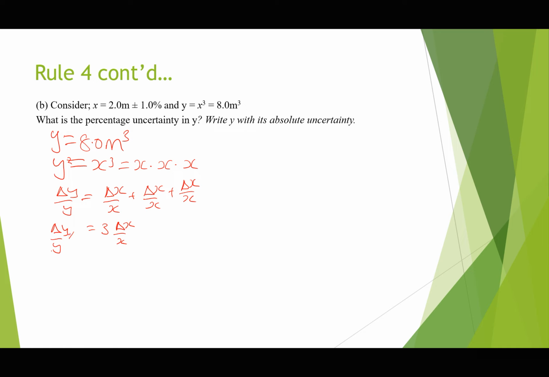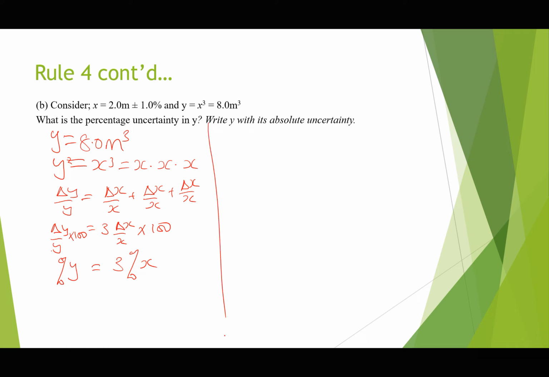So if I multiply this side by 100, and the other side by 100, I now have the percentage in y being equal to 3 times the percentage in x.